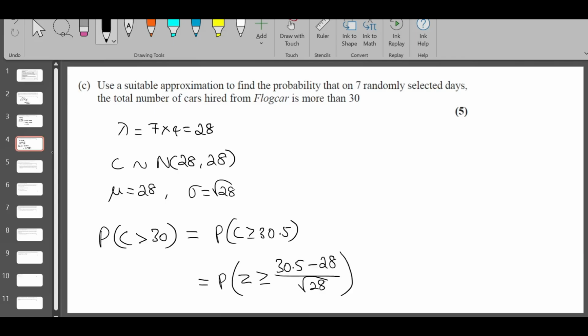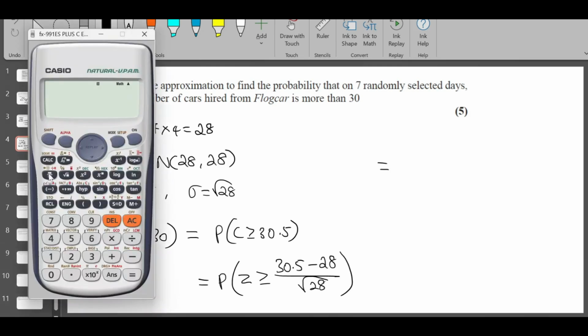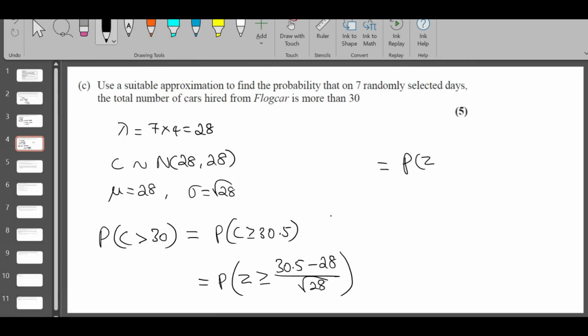Let's calculate this: 30.5 minus 28 over the square root of 28. Rounded to 2 decimal places, that's 0.47. So P of Z is greater than or equal to 0.47.